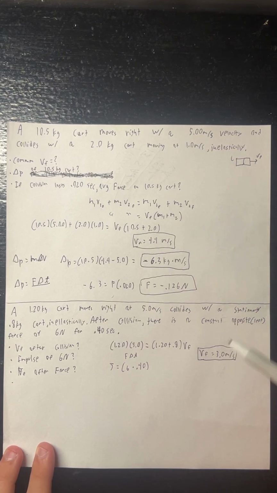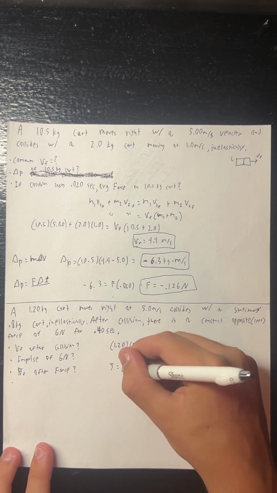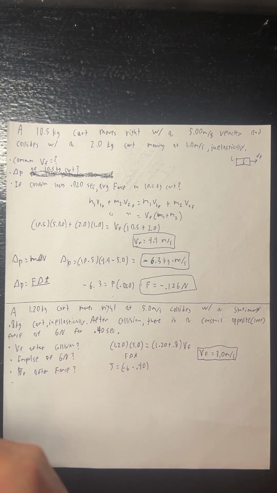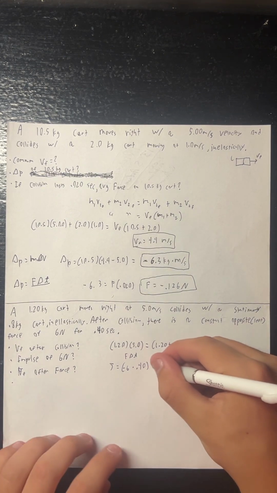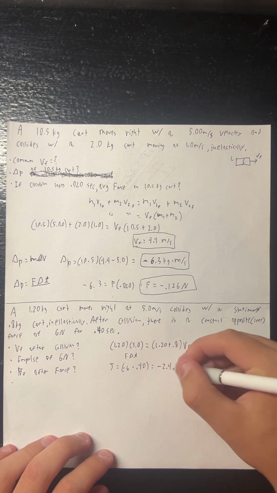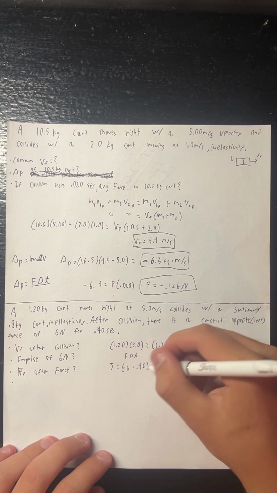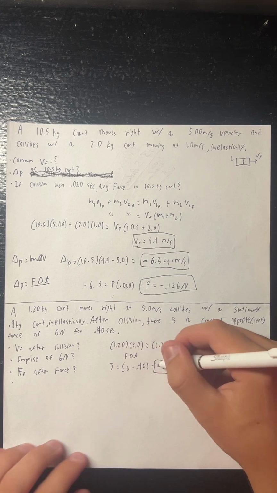However, the force is going in the opposite direction, and direction matters here. So the force will be negative since it's going left. So the impulse is going to equal negative 6 times 0.4, which is negative 2.4 kilograms times meters per second. That is how to do that one.